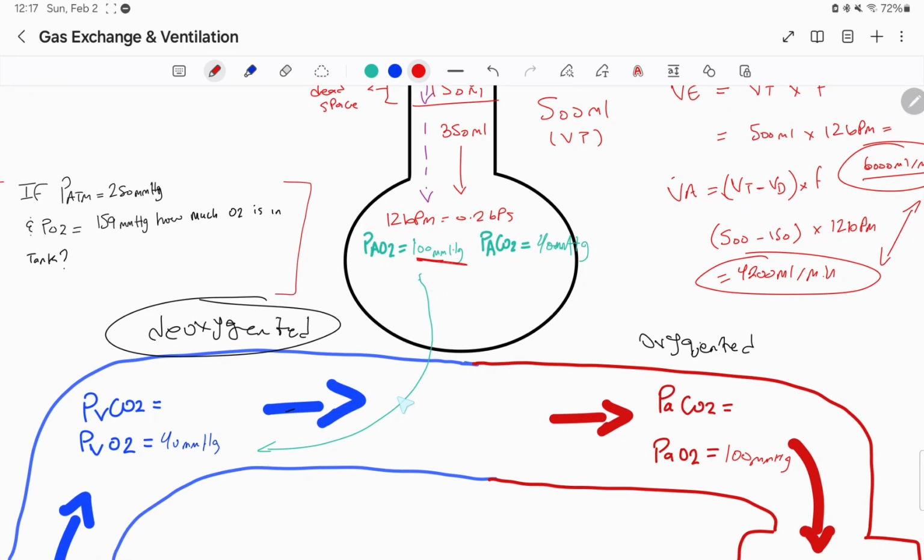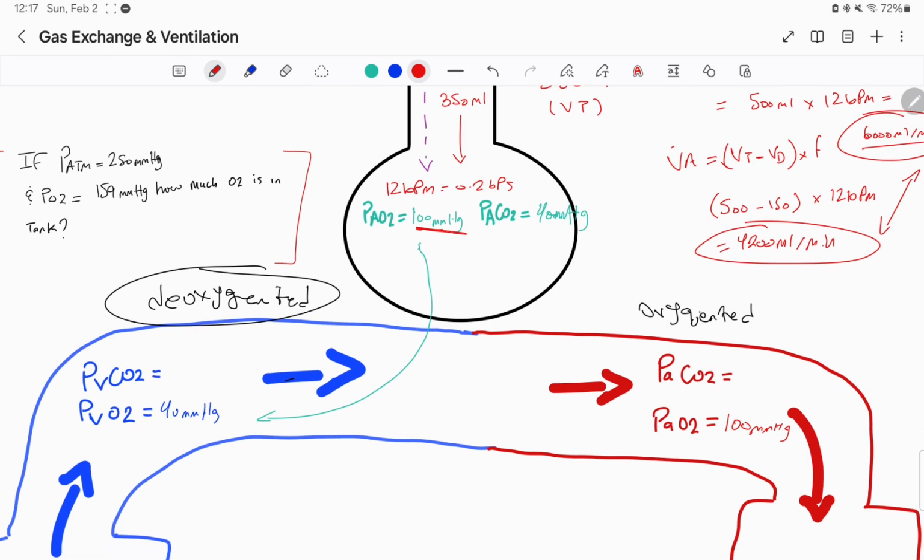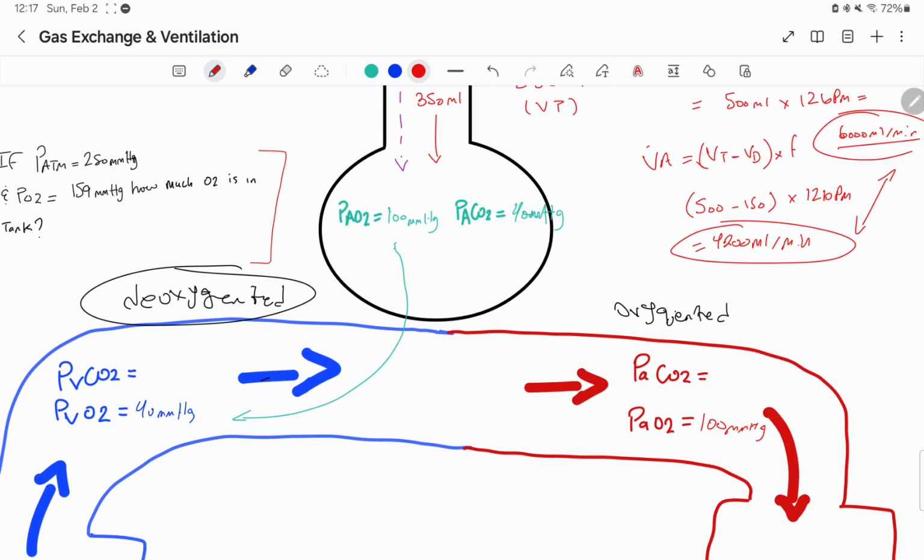Even when it is diffusing out, it remains around 100. If you weren't breathing in, then over time it would go down to around 40 and just continuously get depleted. But since you are breathing, this won't drop.